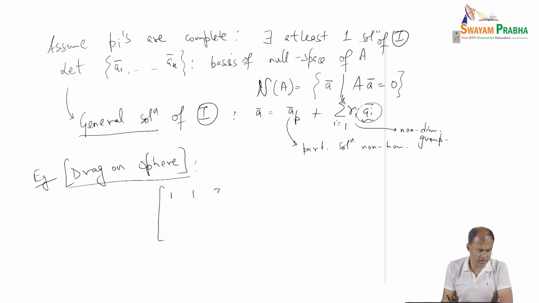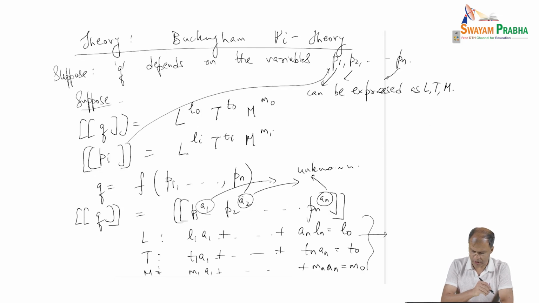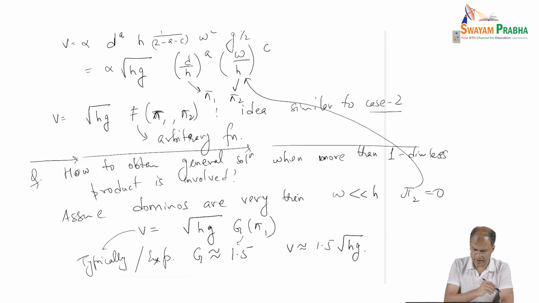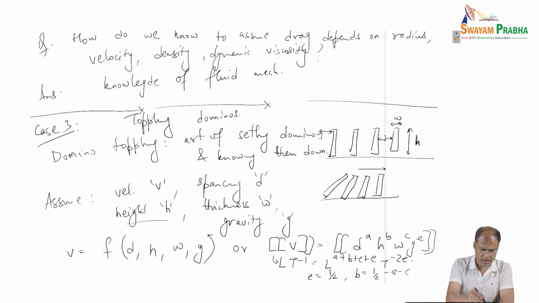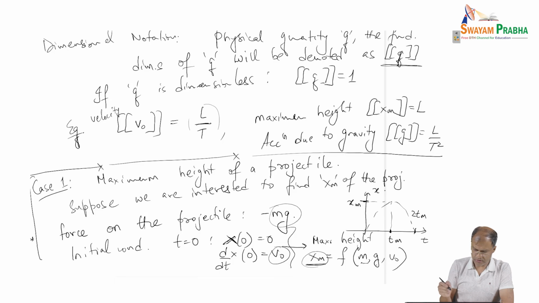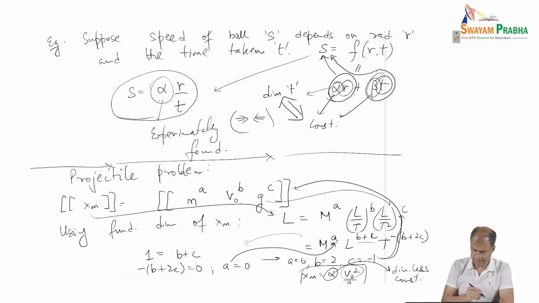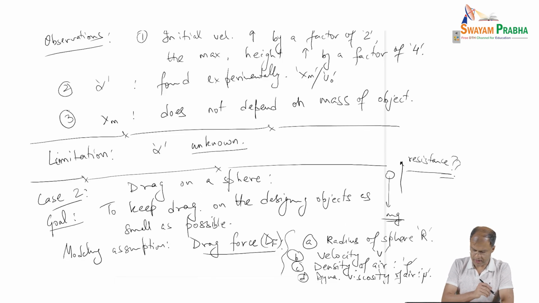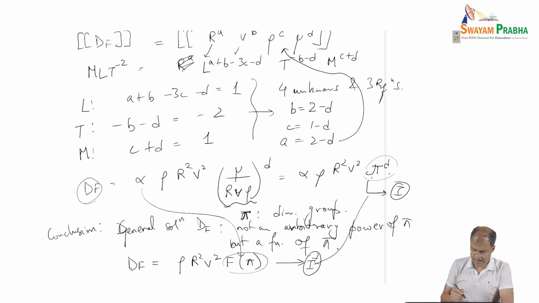For length it is 1 1 minus 3 minus 1 times A, and on the right hand side it is 1.